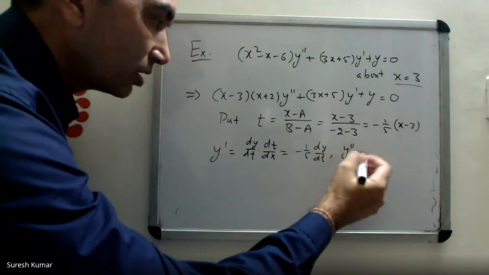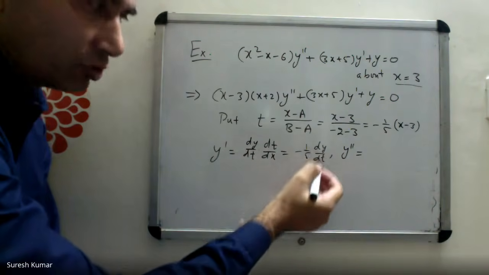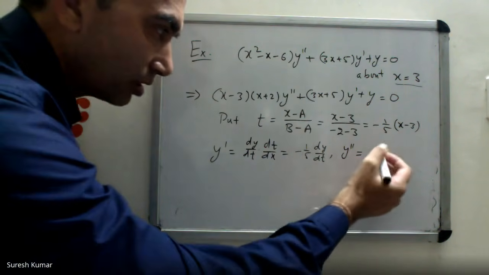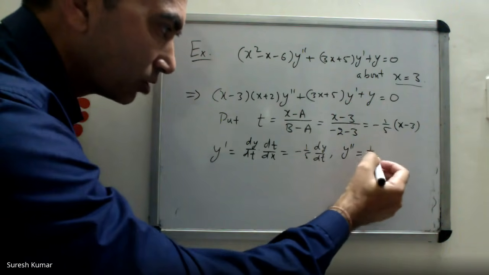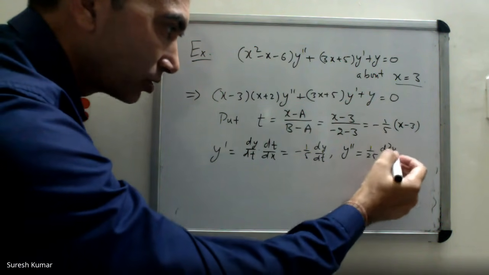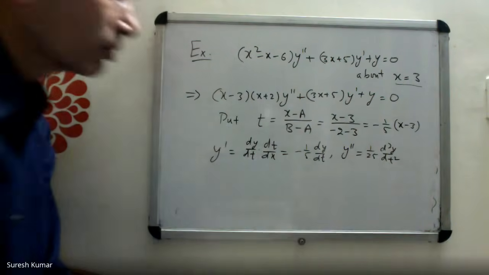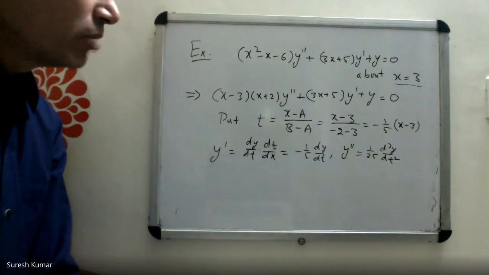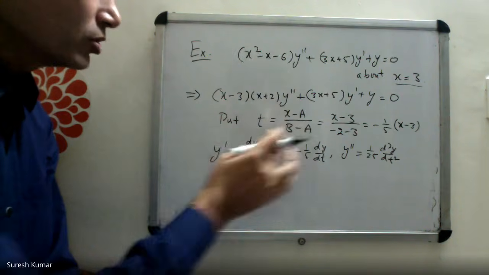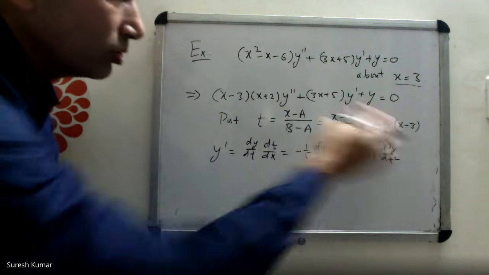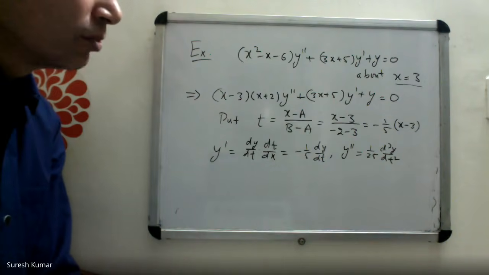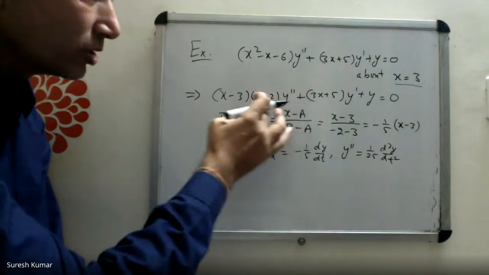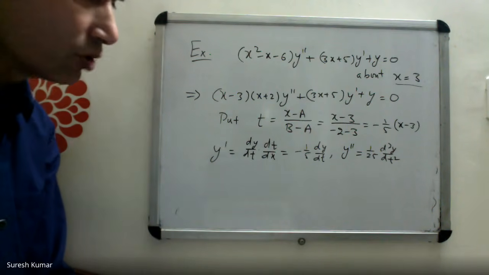Likewise, for the second derivative, minus 1 over 5 will again be multiplied, so you get 1 over 25 d2y over dt square. Use y prime and y double prime here, and also x equal to minus 5t plus 3.